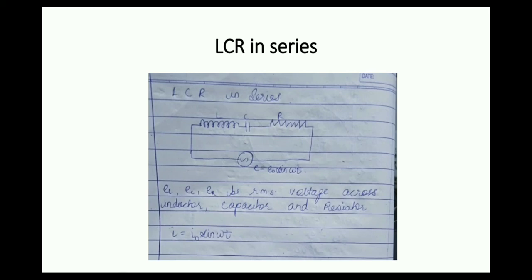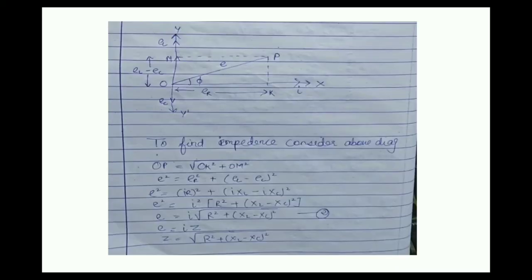ER is in phase with current I. The vector ER is drawn in the same direction as I along the positive direction of the x-axis. Whereas EC lags behind the current I by pi by 2 radians. Hence the vector EC is drawn in the negative direction of the y-axis, along OY dash.